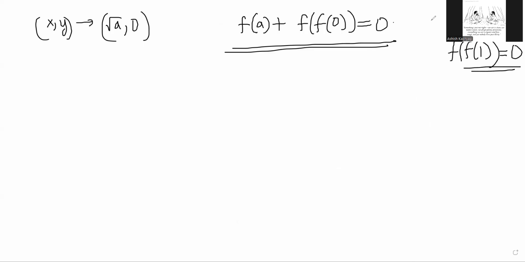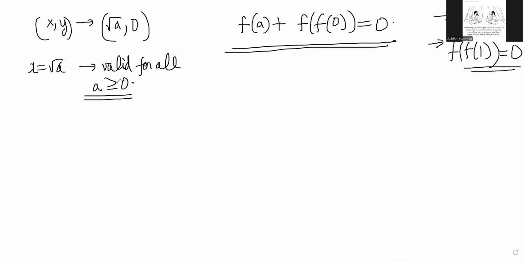These were the two other pieces of information that we got earlier, right? Now, this equation, when I put x is equal to root a, obviously this is valid for all a greater than equal to 0. Because then only x will be a real number and the equation was defined for reals, right? So this equation is valid for all a greater than equal to 0.